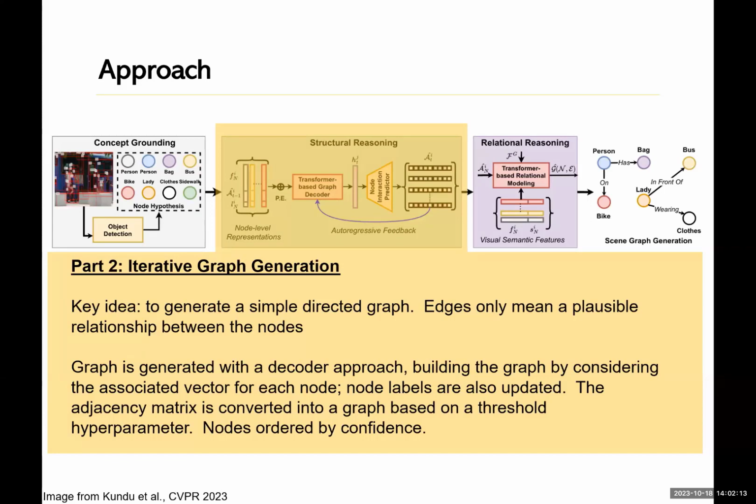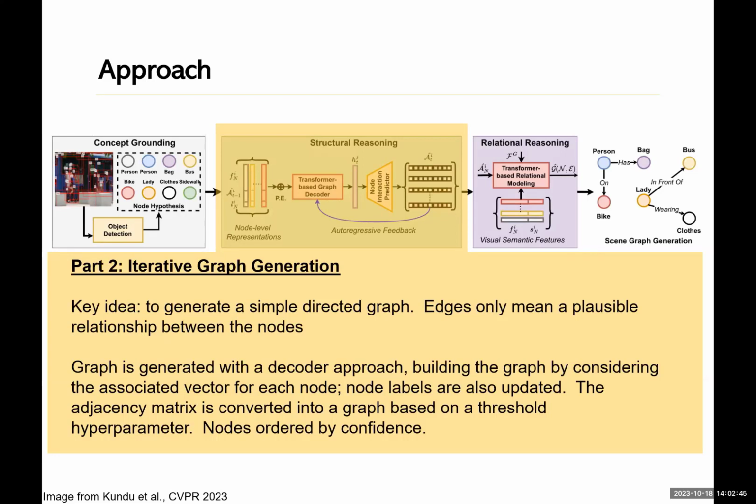So the next part, and I'll go into this in more detail in a bit, but just to give you a high level view, is iterative graph generation. The idea is over that set of initial objects, generate a directed graph. And the edges just mean that there's some plausible relationship. They're doing this with a decoder approach, building the graph by adding nodes one at a time.